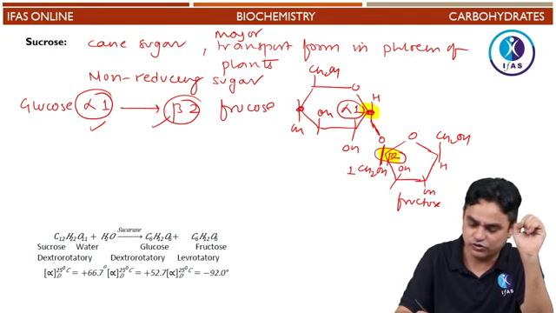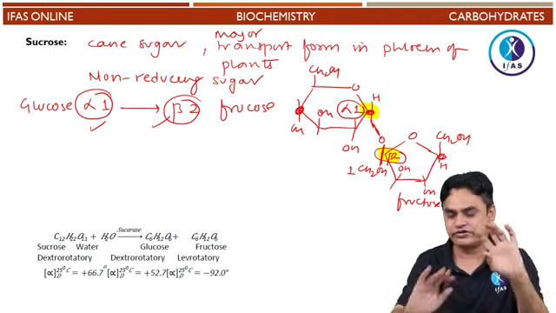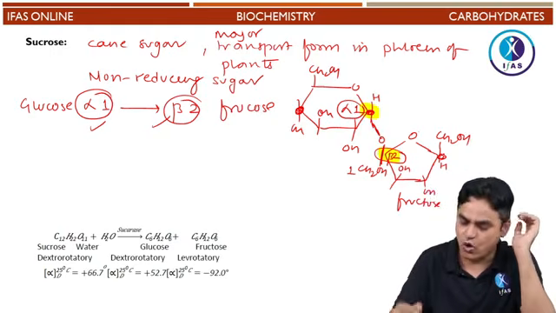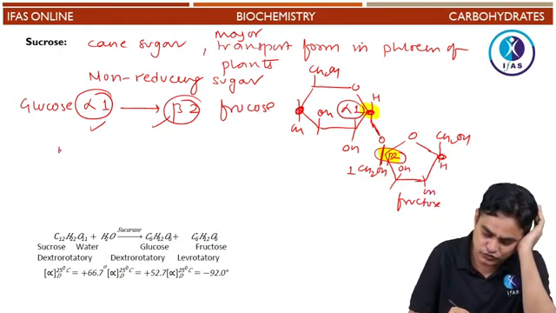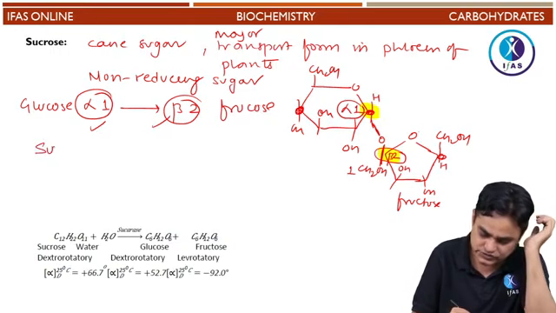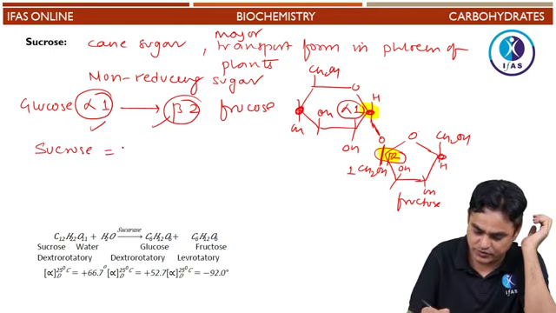This is a non-reducing end, this is also a non-reducing end, no reducing end is free. My dear friends, the optical rotation of sucrose is also dextrorotatory. The optical rotation of sucrose is plus 66.7 degrees.